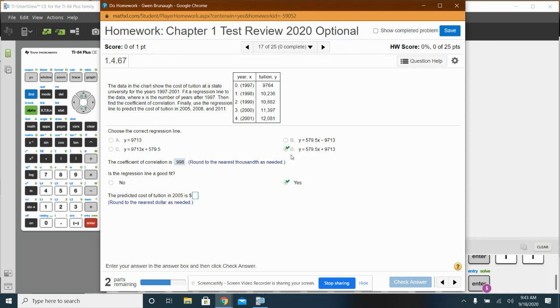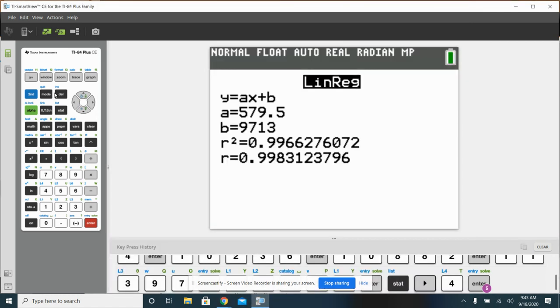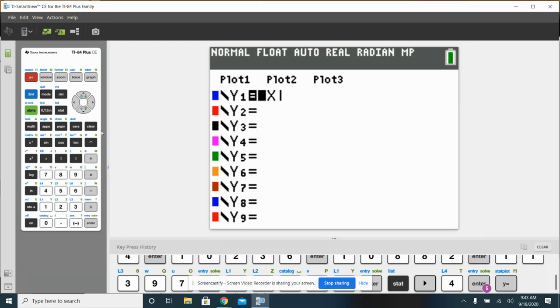Because what we're going to do now is we're going to type this into our y equals, and then we're going to hit the table, and we're going to be able to find all these dates from 2005 to 2011. So in my y equals, I will type in my equation.